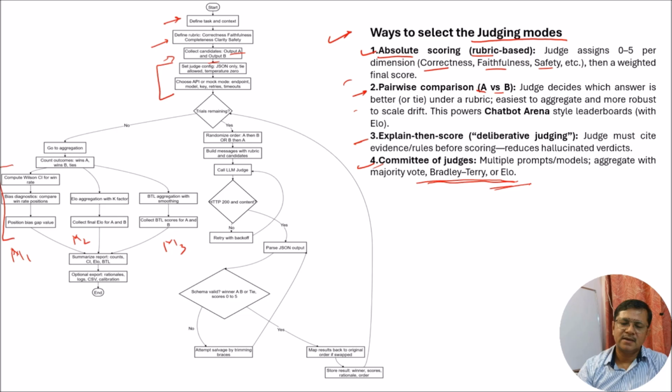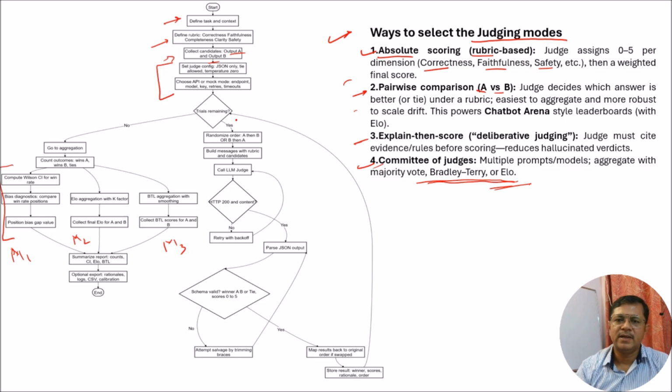BTL aggregation is a statistical mechanism that turns pairwise comparison results into a global ranking, and those global rankings are used to predict the final winner between A and B. Here we collect the BTL scores of A and B, and then we provide all the outputs here. It summarizes the results score, and based on that it takes the decisions.